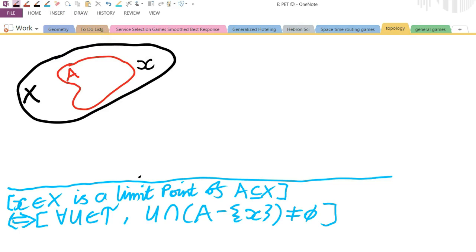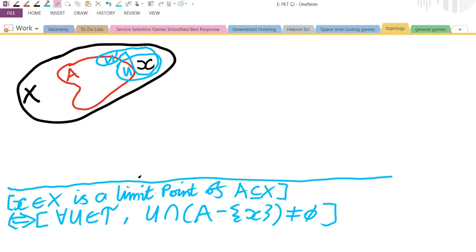Now, little x is going to be a limit point of this set A. It could be inside or outside A, but the condition we need is that each open set U which contains x, so there's one open set, and maybe this is another open set called U dash, each of these open sets which contain x must contain a point of A which is not equal to x. That's our condition for x being a limit point of the set A.